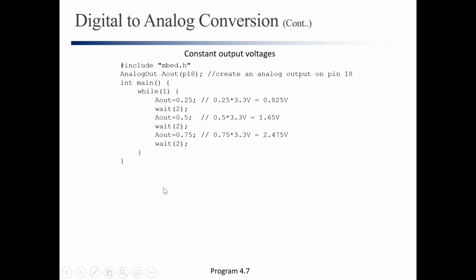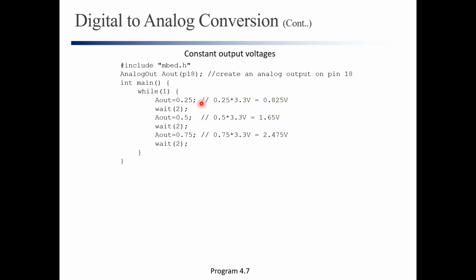Let's look at this example. For the AnalogOut function, the value that you can use is between 0 and 1, just like the AnalogIn function. If you want to create the analog value of 0.825 volt, what you need to do is to have 0.25 multiplied by 3.3 volt to get this value.